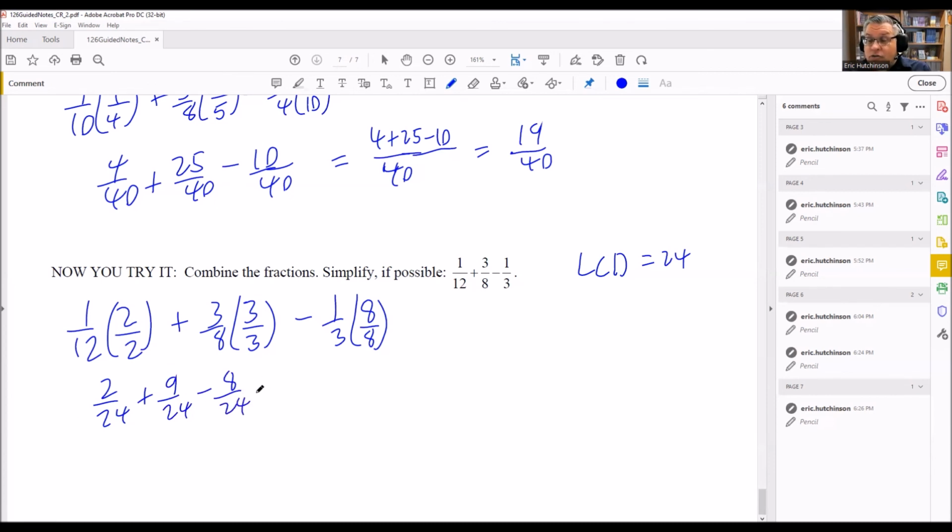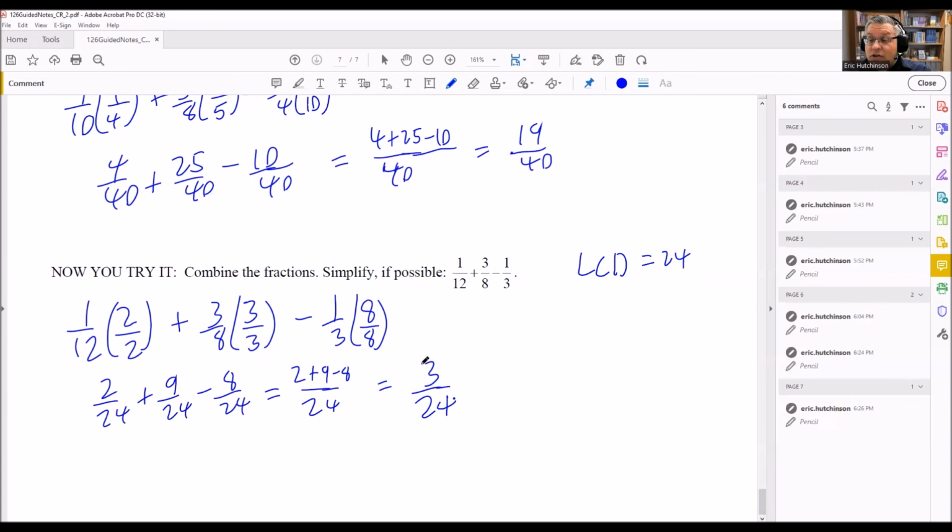Okay, so I have all those right there. The common denominator is 24. Okay, so you just keep the denominator there. On top, we have 2 plus 9 minus 8. Okay, 11 minus 8 is a 3. So we get 3 over 24.